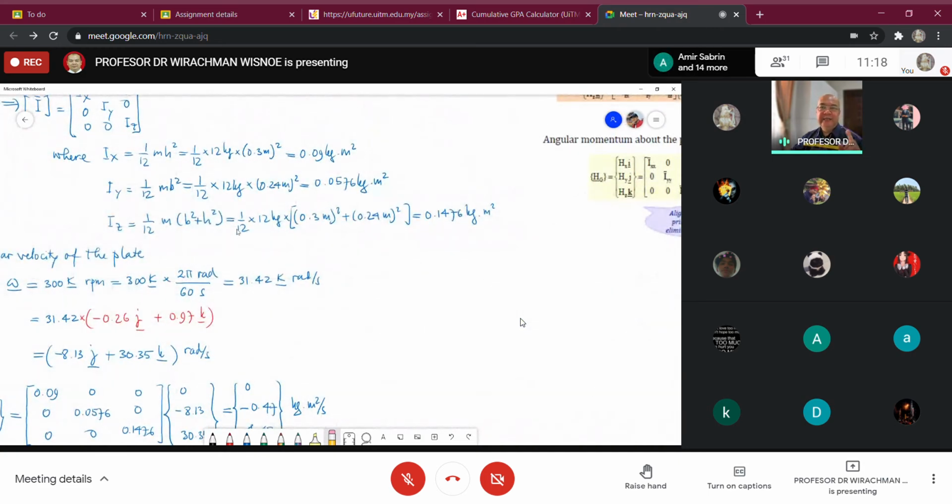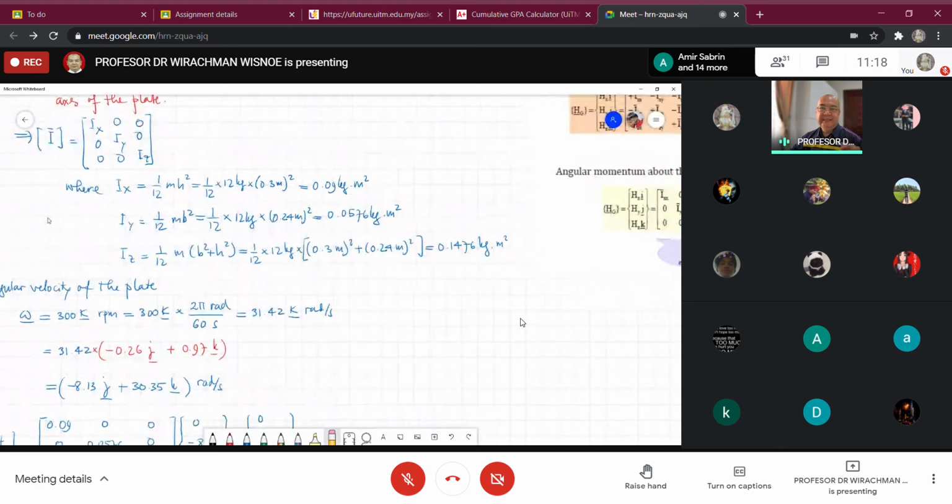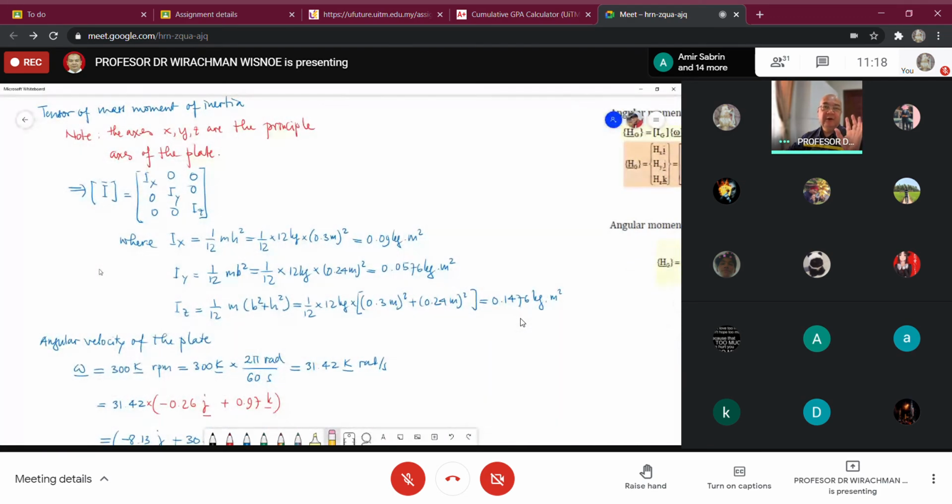So if I choose that small x, y, z axis, which is the principal axis of a rectangular plate, I can write the matrix of moment of inertia, the tensor of mass moment of inertia, like this. It's all zero. I'm aligned, I'm balanced. So if I rotate, there will be no problem. Okay.